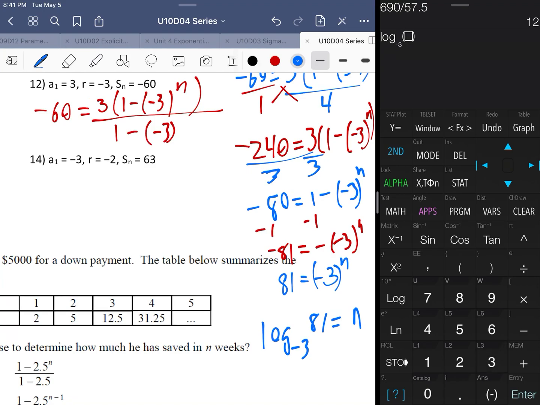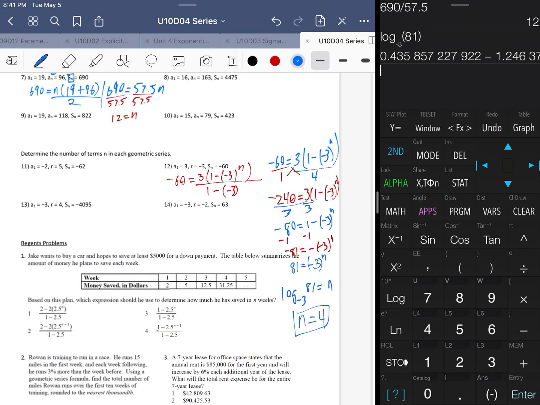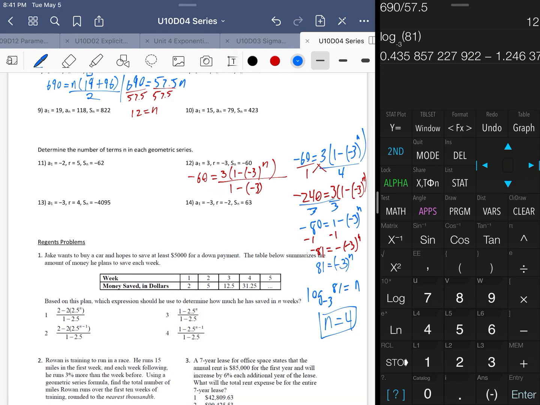If I do log base negative 3 of 81, it should give me an error. It actually says something that's wrong, but we can just figure out what n is in this case. Negative 3 to the 4th power is 81, so n is actually 4 in this case. You can try the other ones yourselves.